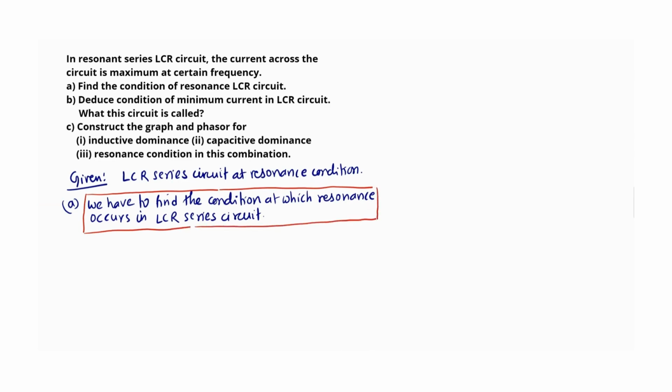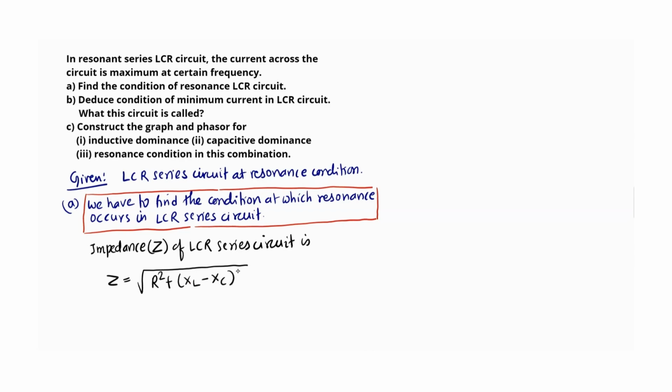Now, we know the impedance Z of an LCR series circuit is Z equals under root R square plus XL minus XC whole power 2.